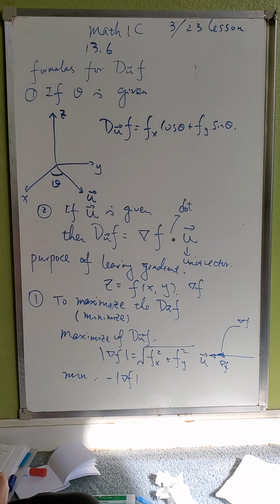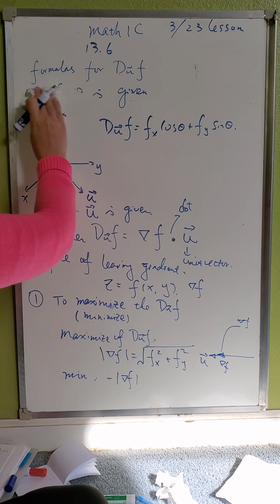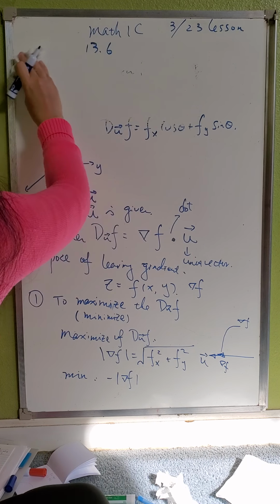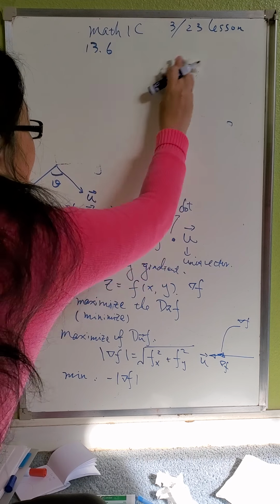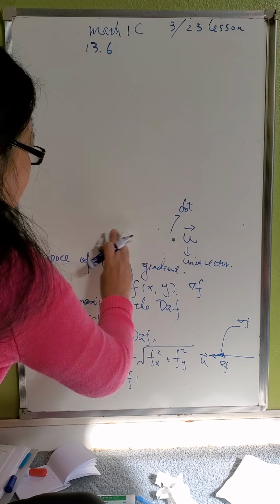So that's number one. Number two, what's the second reason? That way we no longer need to find the cross product for a surface.